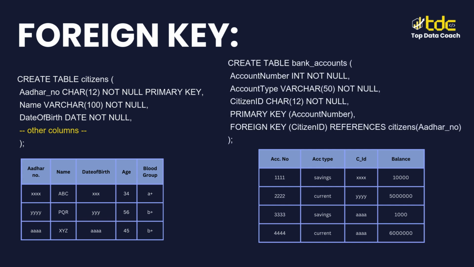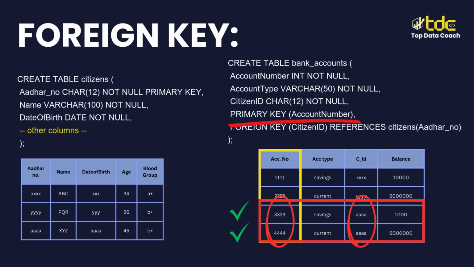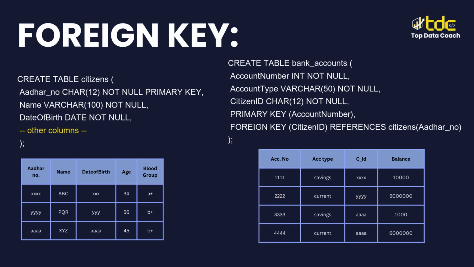So in this case, what we are going to do is, we will make the bank account number the primary key, which is unique for each account. Whether the account holder is the same, the account is different. So the account number will be different, and hence the primary key will be unique.